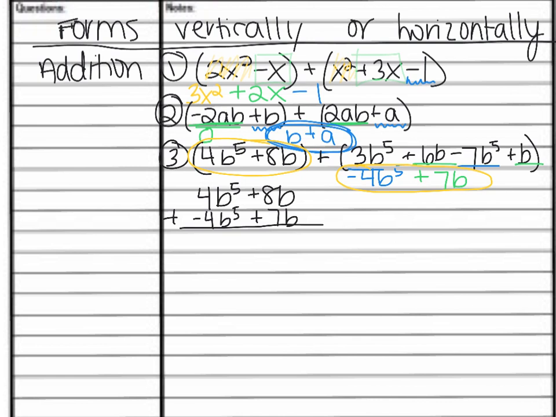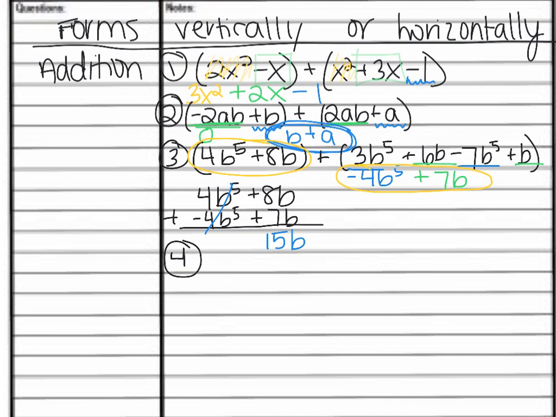So when I add 4b to the fifth plus negative 4b to the fifth, those cancel out. 8b plus 7b is 15b, and that is my solution. All right, let's try another. This will be our last example for addition.